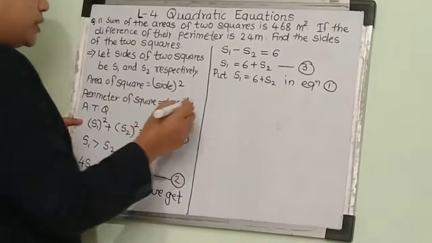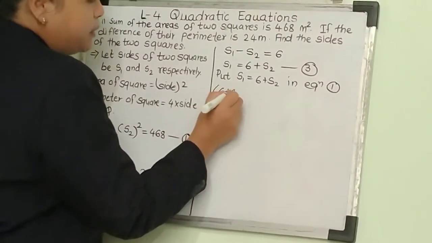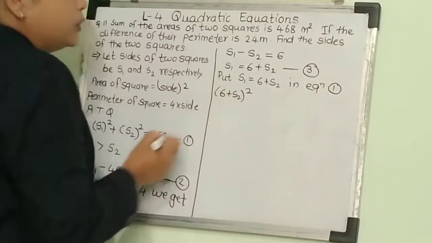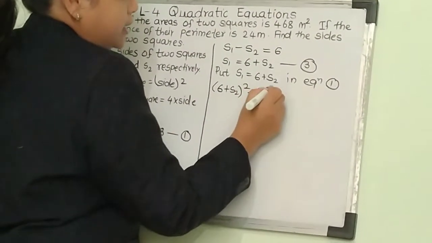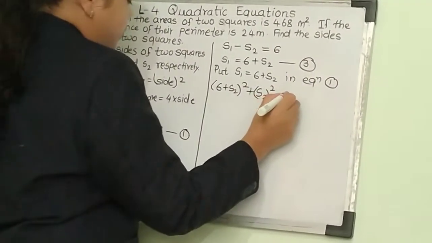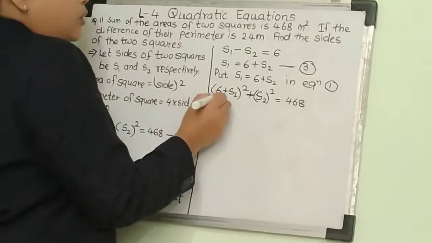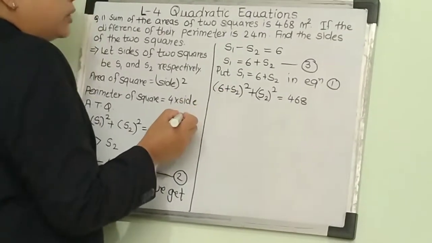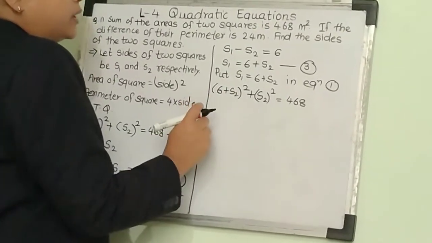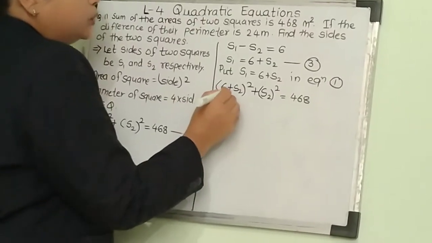So the first equation will be (6 plus S2) whole bracket square plus S2 square equals 468. Now open this bracket with the identity (A plus B) square equals A square plus 2AB plus B square.